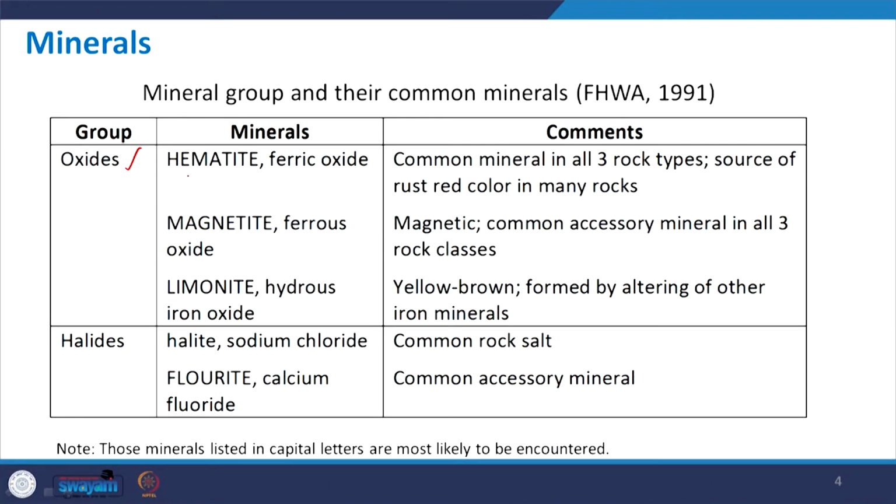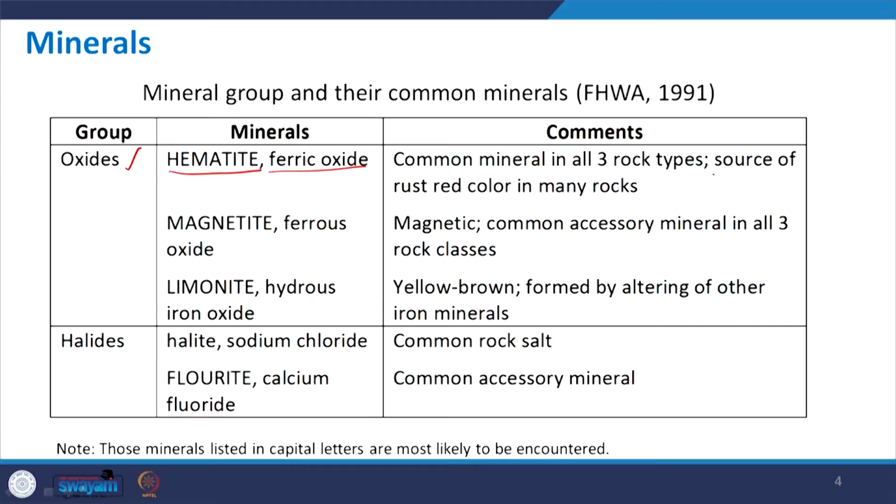Coming to the next group, which is oxides. Here the most commonly occurring mineral is hematite, ferric oxide. This is a common mineral in all the 3 rock types, and please keep in mind that rocks which show the rust red color give the idea that this mineral would be present in that rock.